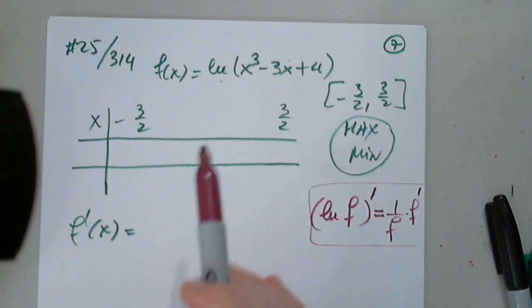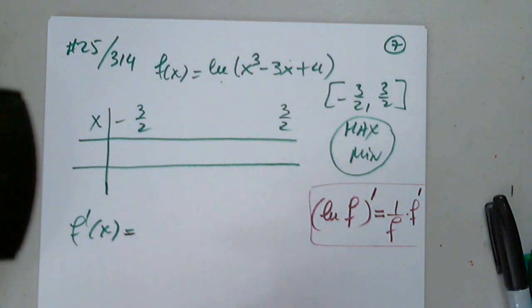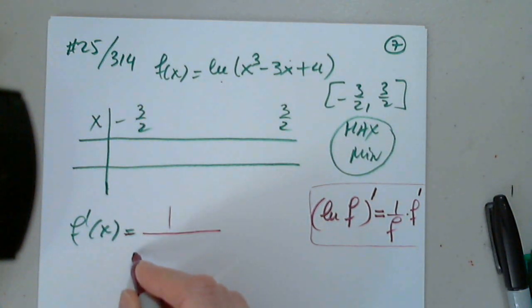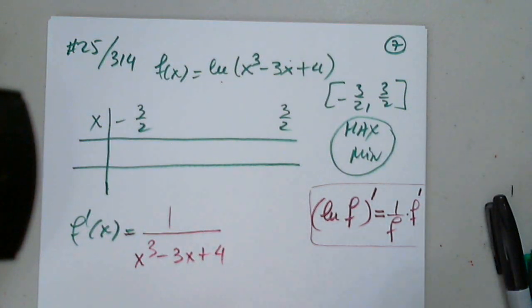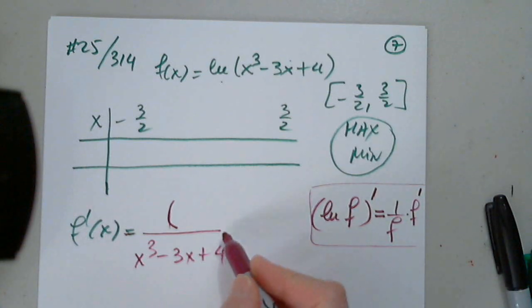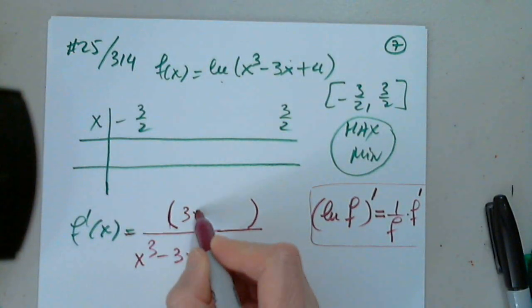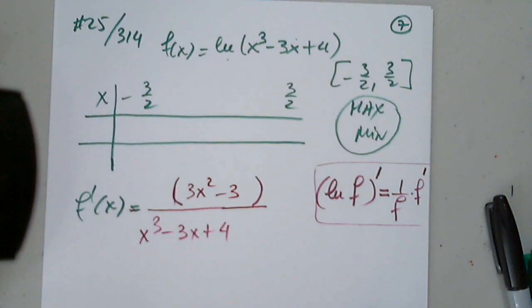How do we differentiate this then? Will it be 1 over x cubed minus 3x plus 4 and then times 3x squared minus 3? Excellent.